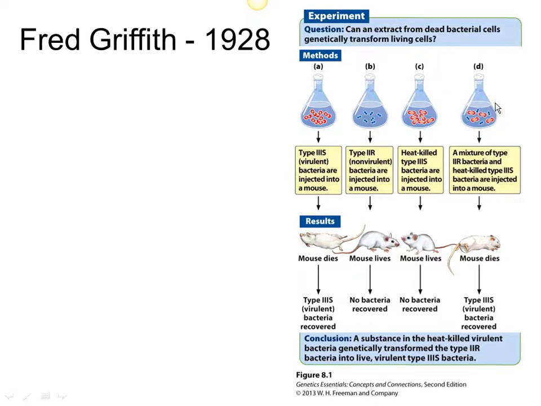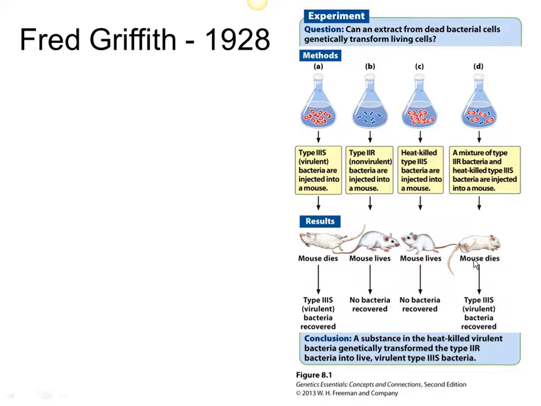So what's happening is the gene that encodes the capsule, or the enzyme that makes the capsule, has gone from a dead cell to a live cell and transformed that cell into a type S cell. So the type R has been transformed into type S by the transfer of a piece of DNA into that cell. Griffith didn't know that's what he was seeing, but that's the explanation for this.